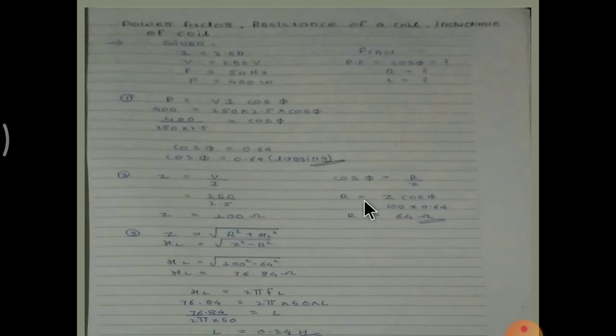The value of Z is 100, and the value of cos phi is 0.64. So 100 into 0.64, we get the value of R as 64 ohm.